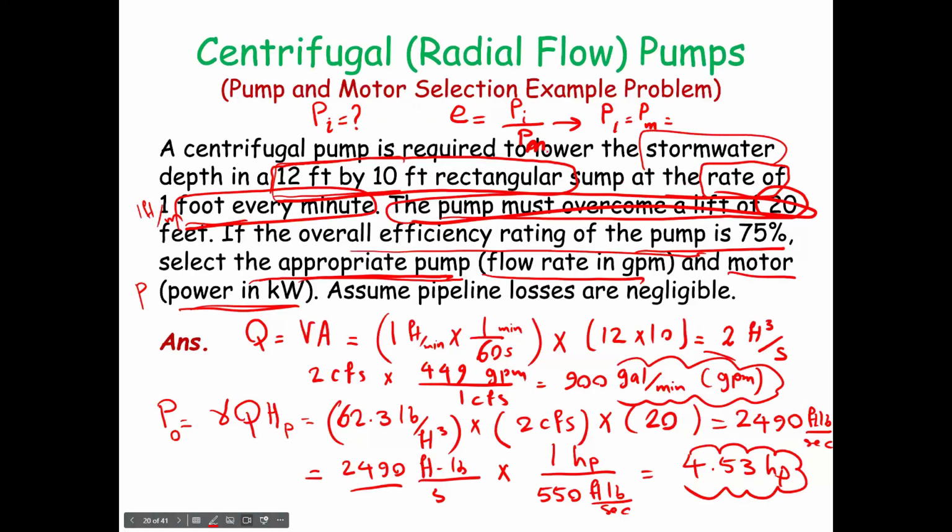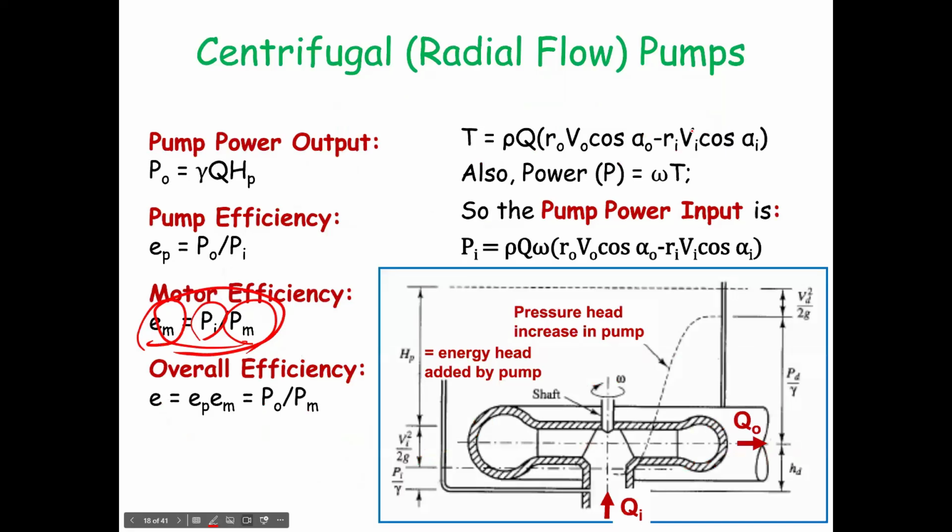So I will change it to M again. No, I don't want you to be confused. So P of motor is equal to PI divided by E, if I'm right. Is it correct? I think I don't think so. Something is wrong here. One more time.